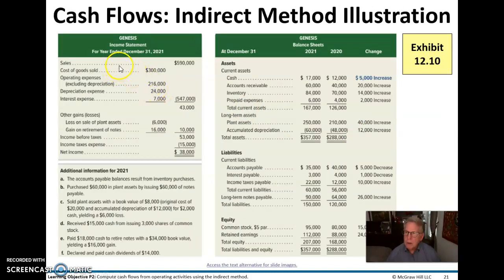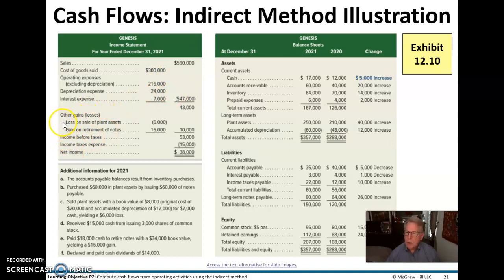As I look down this income statement, I see depreciation expense. I know that's a non-cash expense, because when we generate that journal entry, we debit depreciation expense and credit accumulated depreciation. Neither one of those affect cash.